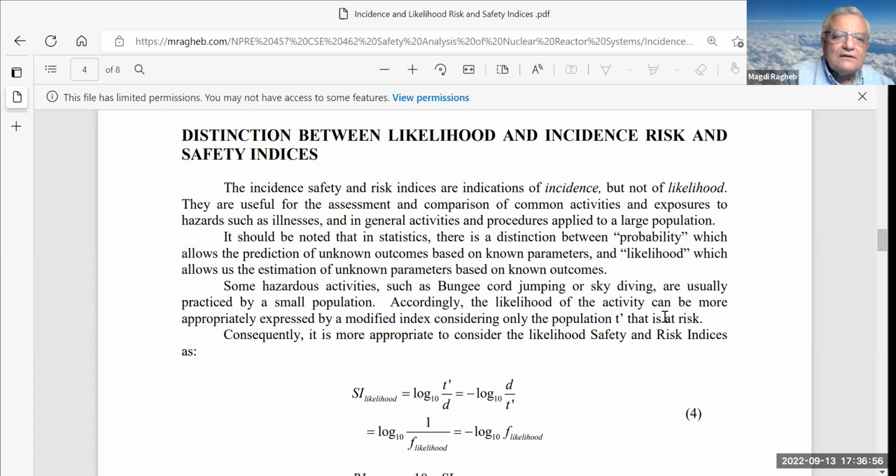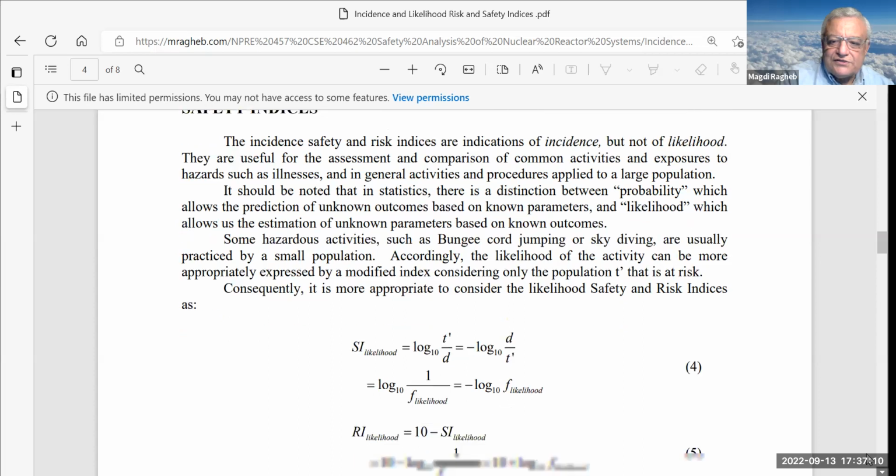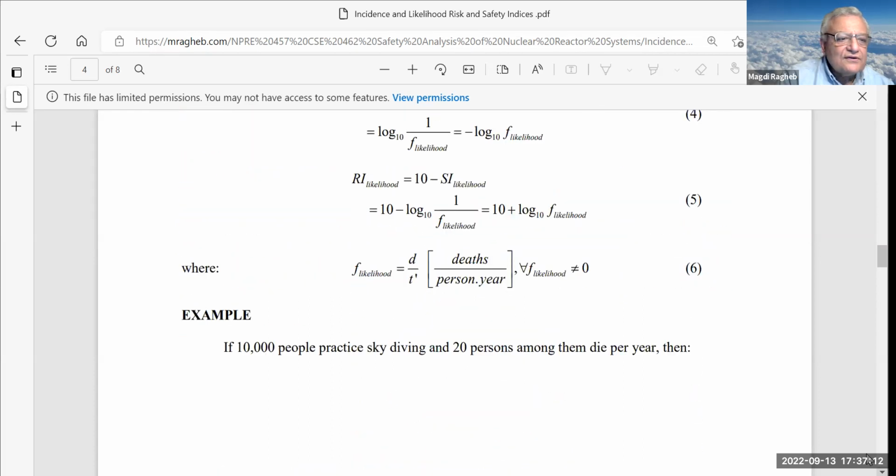So it is more appropriate to consider the likelihood, safety, and risk indices, considering the same equation as we used earlier, but now the size of the population is the size of the limited population that is at risk.